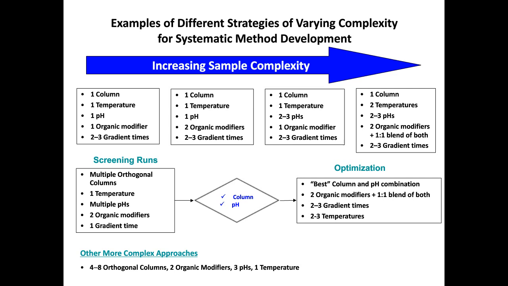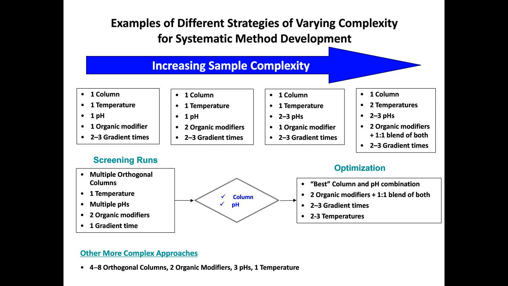Or, if you have access to computer simulations such as DryLab or other software, you can use those input runs to generate a resolution map and find a good place to work such that you can obtain the separation you desired. Maybe you can even come up with an isocratic separation.